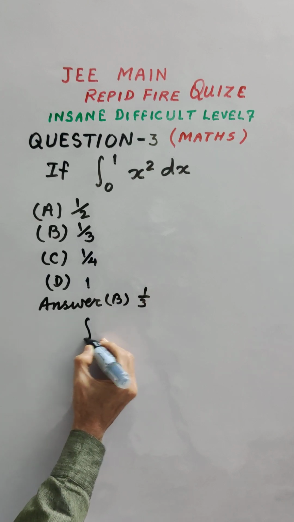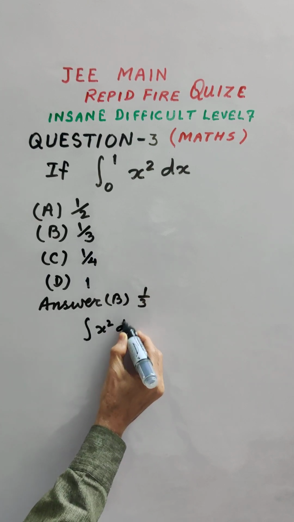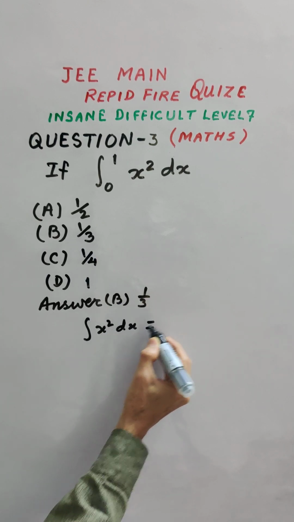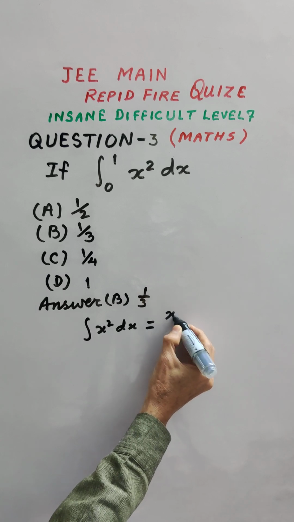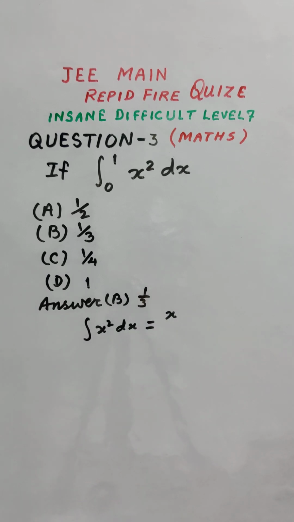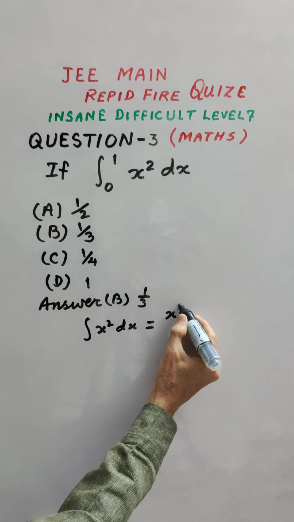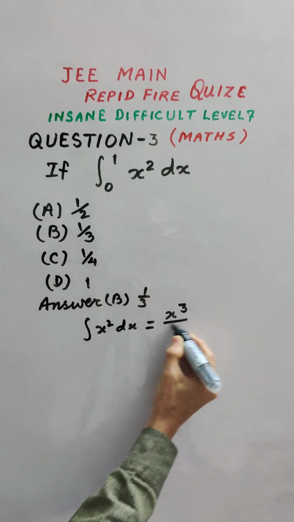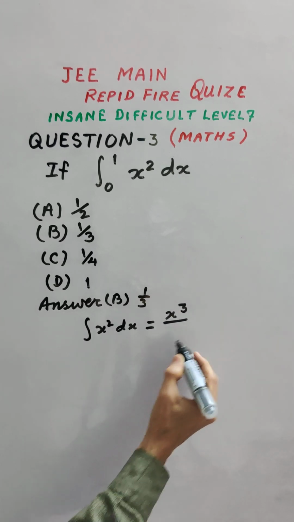Integration of x square dx is equal to x to the power 2 plus 1, 3, upon 2 plus 1, 3.